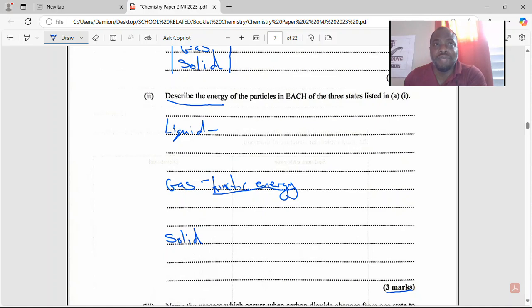Sometimes we go in the exams and say, yes, gas particles move freely in any direction. But that's not what the question is asking. It's asking you to describe the energy. The energy that they have is high kinetic energy. And if you want to add that because of that they move freely in any direction, fine. Yeah?